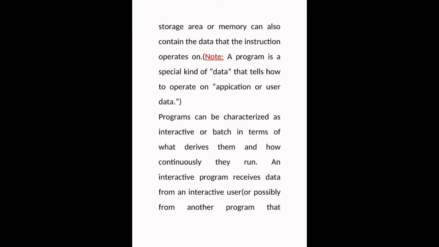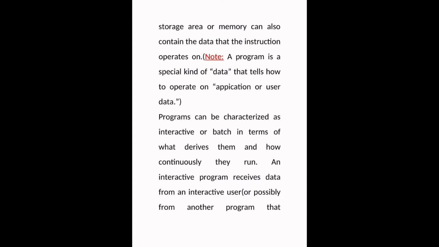Note here, we can go for a note. A program is a special kind of data that tells how to operate on application or user data. Whatever information we put on our computer, we can click on that.